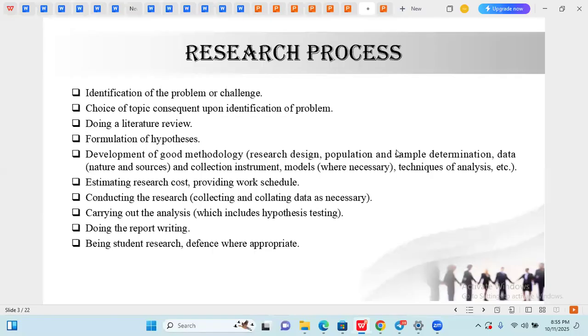formulation of hypothesis, development of good methodology, research design, population, sample determination, data nature and sources, data collection instruments, models, all these things are under methodology. Then after that, estimating research costs, providing work schedule.